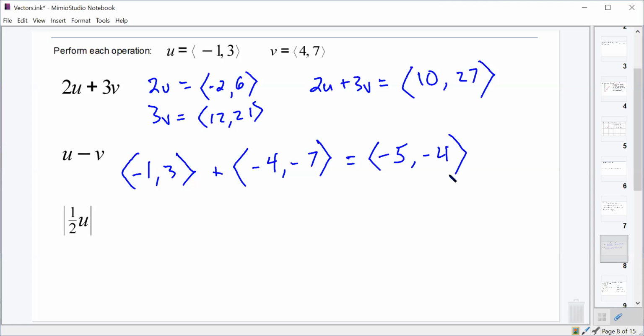And what about the absolute value or the magnitude of 1/2 of u? First, we'll need to figure out what half of u is. So we'll say this is the absolute value or the magnitude of, and we can divide those by 2. So that'll be the vector -1/2, 3/2. And how do we find the absolute value or the magnitude of that vector?